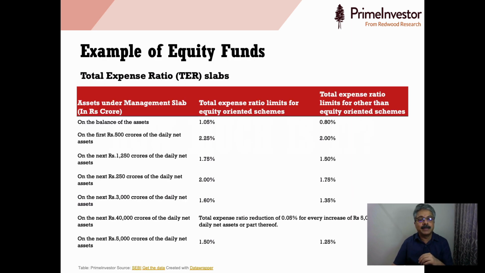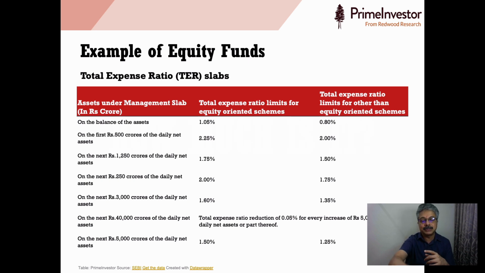Now let's take a very quick look at what these slabs are. These are slab rates. On the first 500 crores, it is 2.25% for an equity mutual fund, and for the next 1,250 crores, it's 1.75%, and so on. It keeps going, and on the balance of the assets, it's 1.05%.